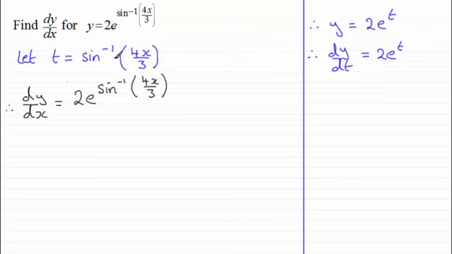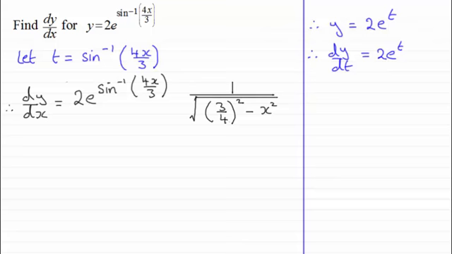So for dt by dx, what we've got then is 1 all divided by the root of what would have been a squared. A, remember, is now 3/4, so that's 3/4 all squared minus x squared. Okay, so we're taking the square root of all of that.